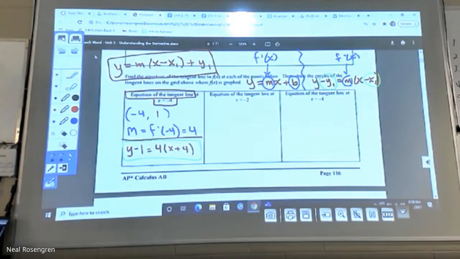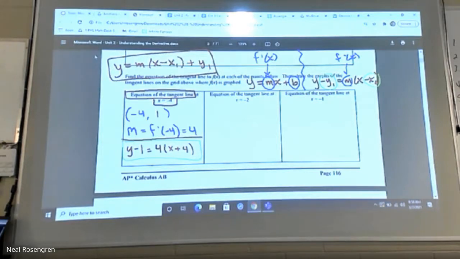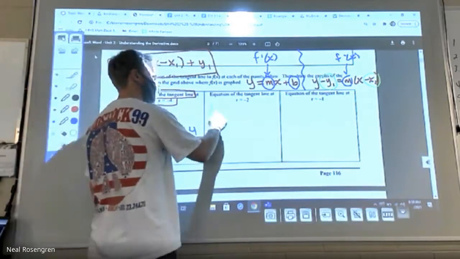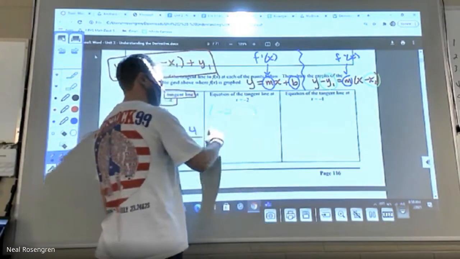Again, add that y1 to the other side if it drives you crazy. Distribute and simplify if it drives you crazy. But calculus is about working efficiently, right? Working smarter, not harder. Absolutely. And so when they ask us for the slope of the tangent line, boom, derivative, and I'm done. But if you want me to have the whole line, man, I need a point, and I need the slope.